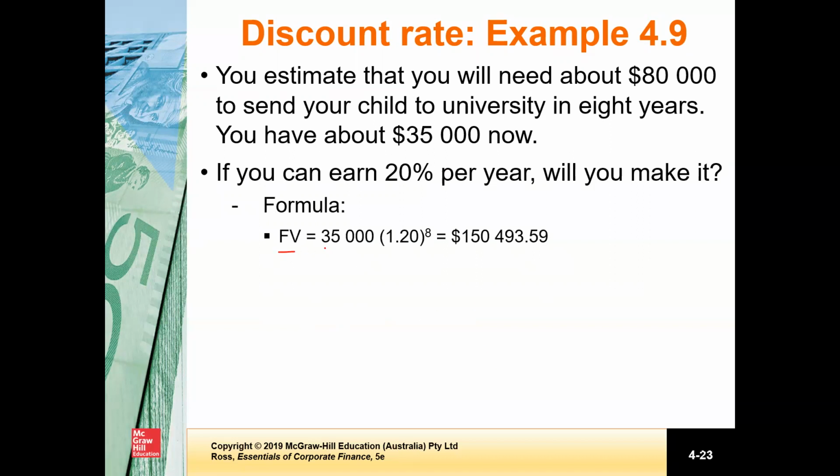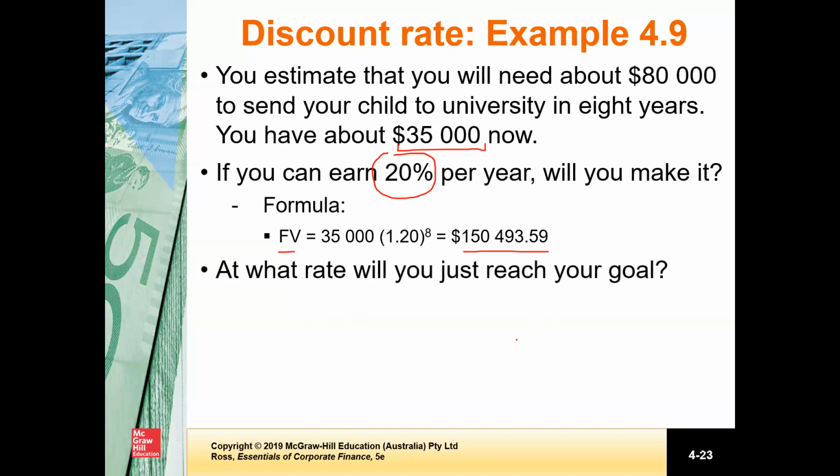First of all, 35,000, which you have now, interest rate is 20%. So in 8 years' time, your money will grow to 150,493, right? And you require 80,000 to send your child to the university in 8 years. However, you see that your investment grows to 150,000 when you earn 20%.